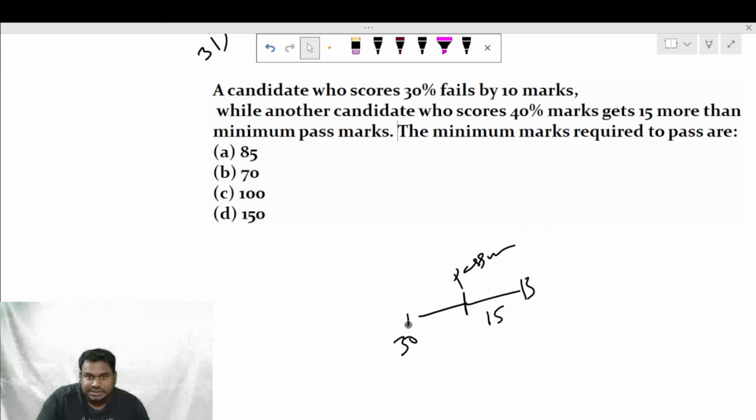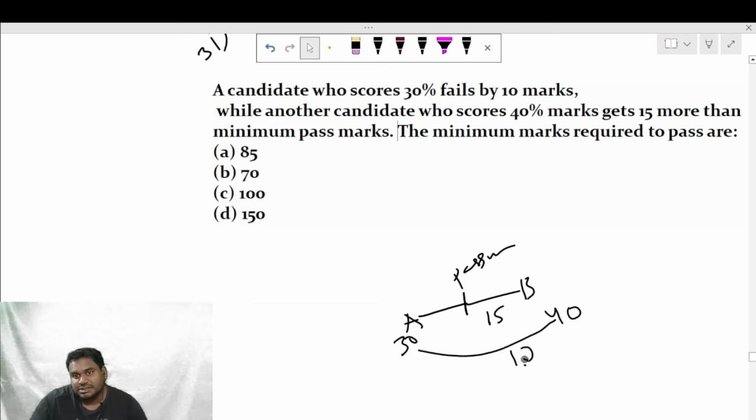You can take them as A. One is 40, another is 50. So what is the difference? 10%. This 10% difference is nothing but the difference in their marks.